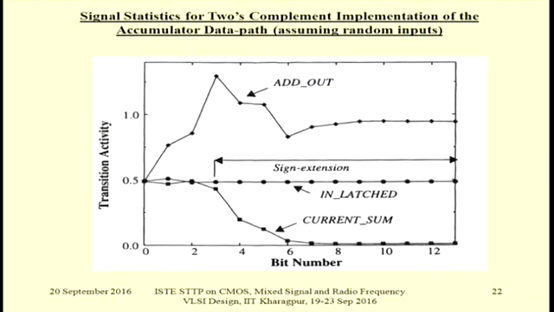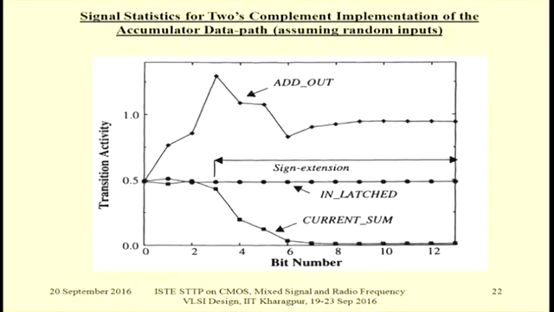So in the higher bits, the switching activity is very small, if not 0. Okay, because once it starts to go, it settles to a constant value. So higher bits, the switching activity is limited, but at the adder output sizable transition activity is observed, and hence it calls for a sizable amount of power.